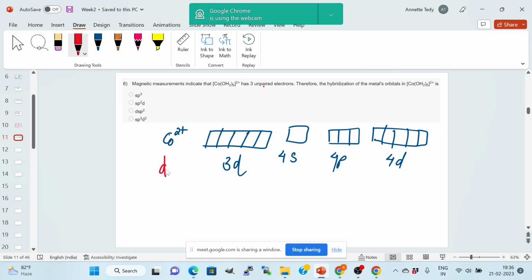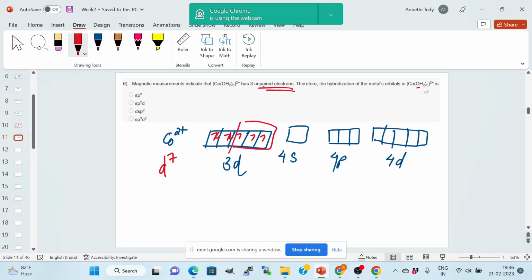Cobalt 2 plus has d7 electrons, and it is saying it has three unpaired electrons. So first we will fill one by one, 5, then 6, 7. Just by filling singly, then pairing up, we have these 3 unpaired electrons as in the question. So all these are remaining for the hybridization.